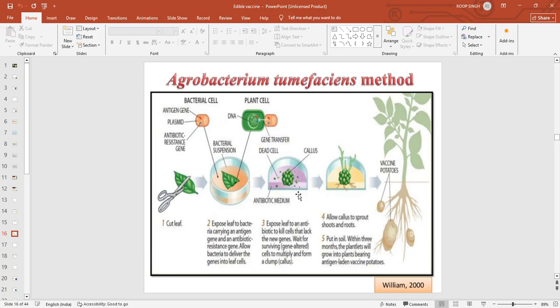The callus which survives in the antibiotic medium will be the recombinant one. And then once the callus is developed, you induce shoot formation and root formation, and then you get the edible vaccine. Suppose you have selected the potato plant, then potatoes can now be used as an edible vaccine.